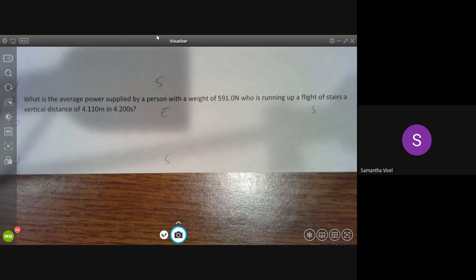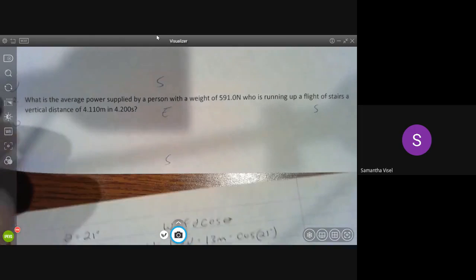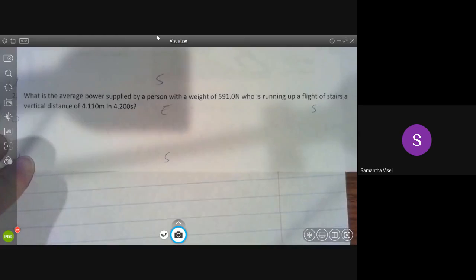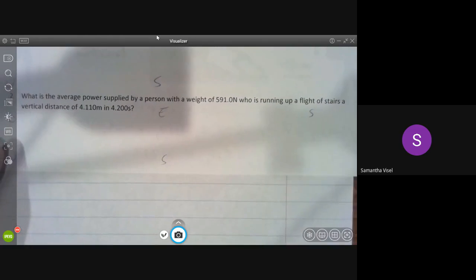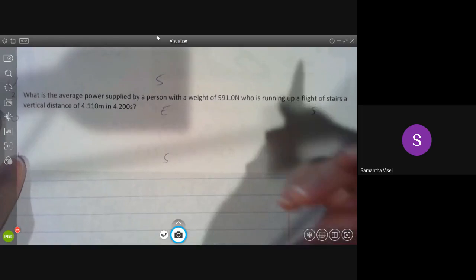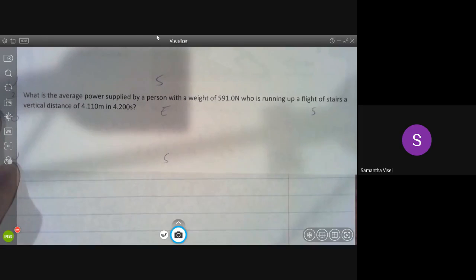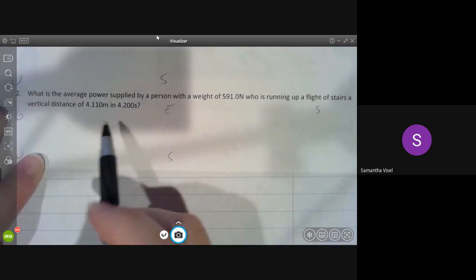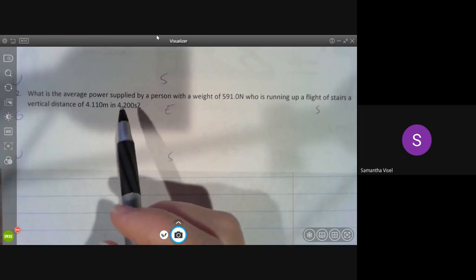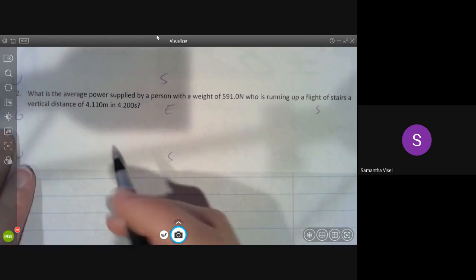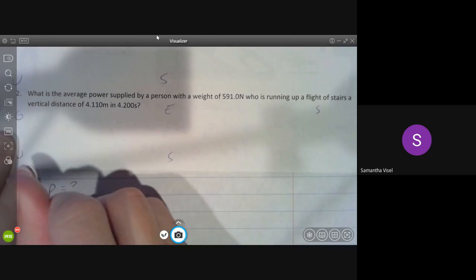So here I'm looking for what is the average power supplied by a person with a weight of 591 newtons that is running up a flight of stairs a vertical distance of 4.11 meters in 4.2 seconds. So starting off here, it's asking what is the average power. So power in this case is an unknown, something that I'm looking for.